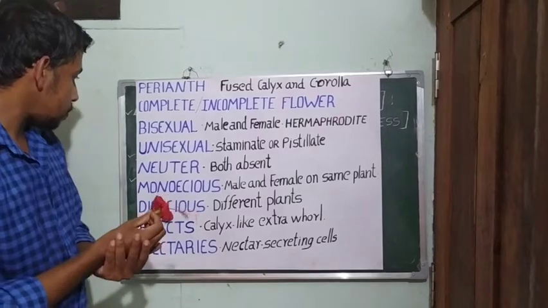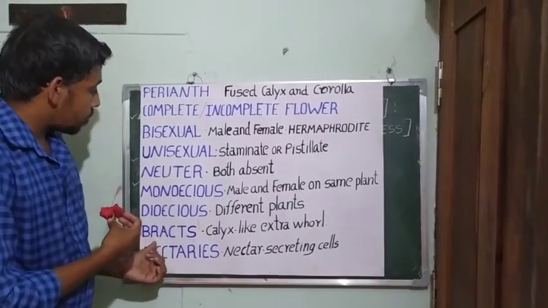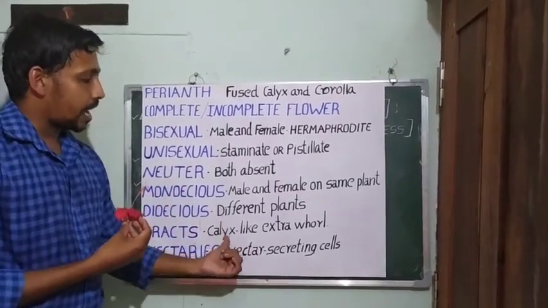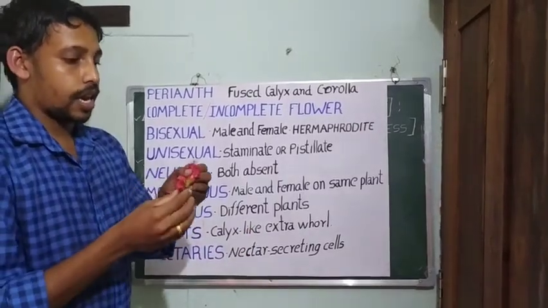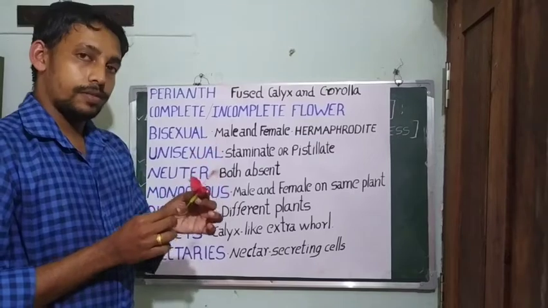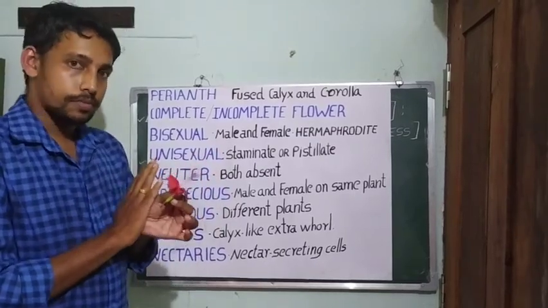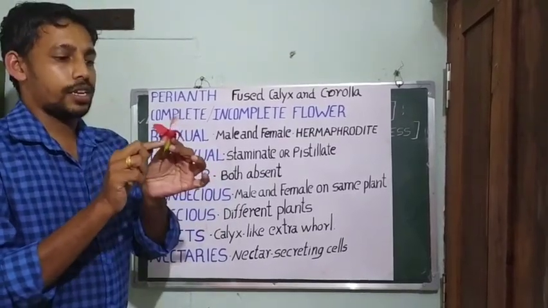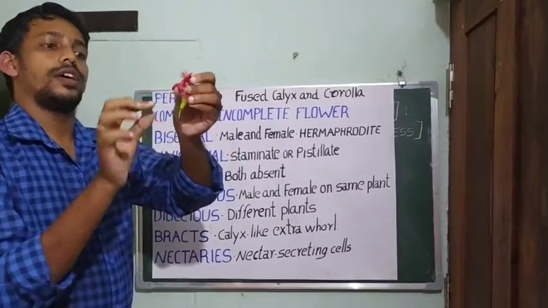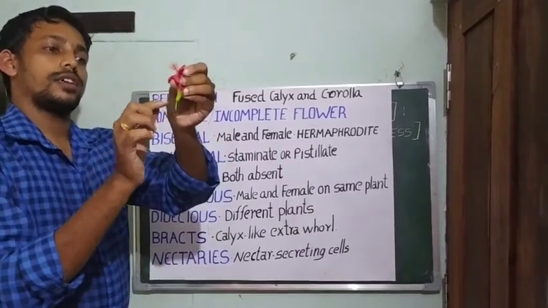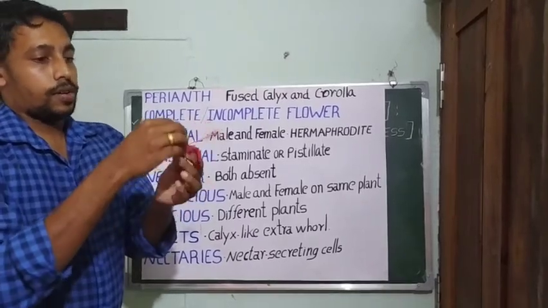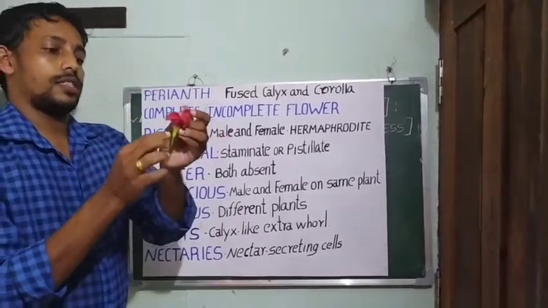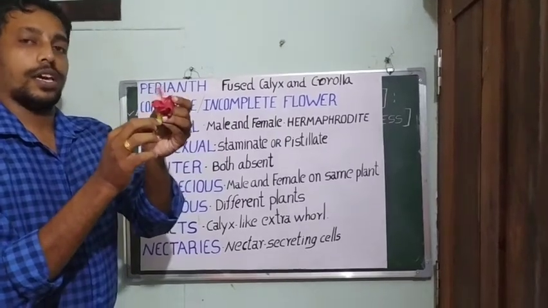Okay. Then bracts. These are calyx-like extra whorls present in the flower, usually slender and green colored. But in this hibiscus flower, we can see that this is known as epicalyx.